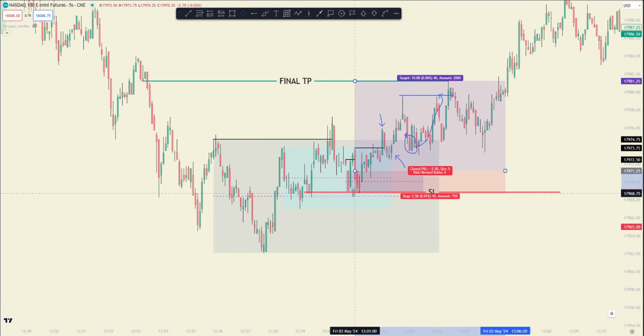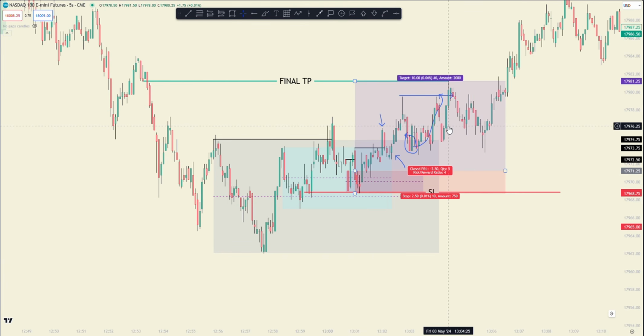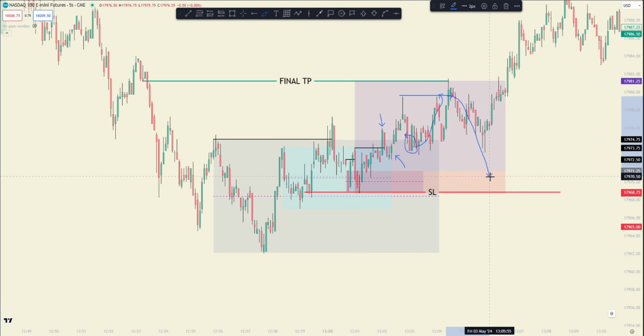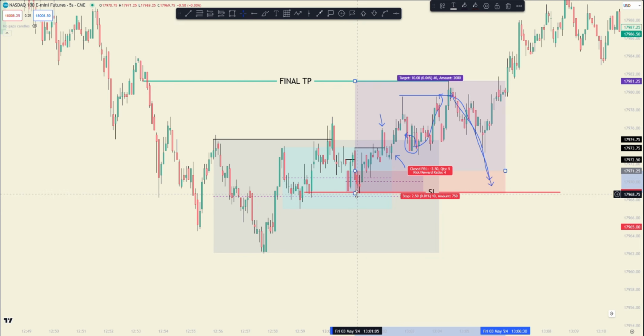So all in all, by the time this trade hits your TP, you have resulted in a 4RR. Now, even if price decided, hey, I'm going to lose here, I'm not going to hit that TP, I'm going to trade all the way back down, I've reduced my risk in this scenario from 10 points all the way to 2.5 points. I don't know about you, but losing 2.5 points is not going to be that big of a deal in the long run. Let's look at another example.